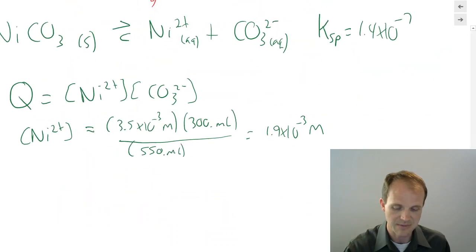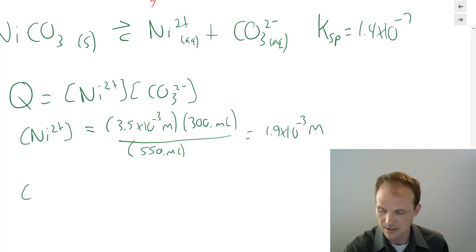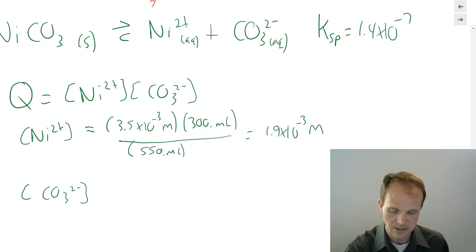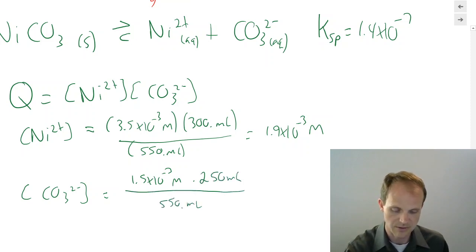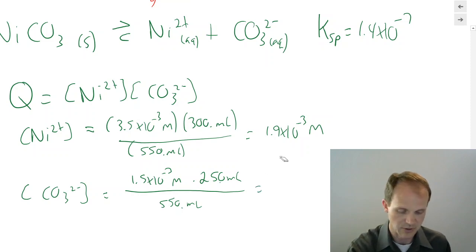I can do the same thing for my carbonate concentration. And that's going to be 1.5 times 10 to the minus 3rd molar times 250 milliliters divided by 550 milliliters. And I get 6.8 times 10 to the minus 4th molar.